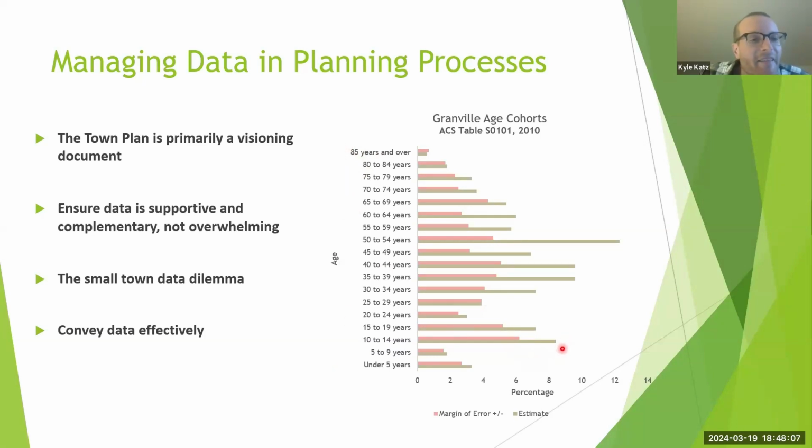The green is the estimate, and the red, or the pink, is the margin of error. So the estimate, maybe for 10 to 14-year-olds, is about 8, plus or minus 6. That means you could have maybe 14, or you could have 2 people in that age group. So this is an example of where the data may not be reliable enough to work with.